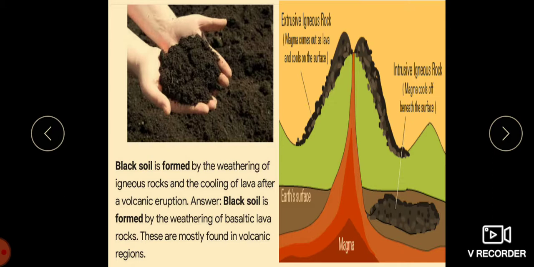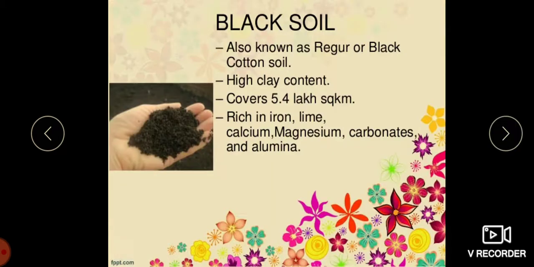Because of its fertility and high moisture retention, black soil is widely used for cultivating several other crops, including linseed, castor, millets, sunflower, sugarcane, etc.